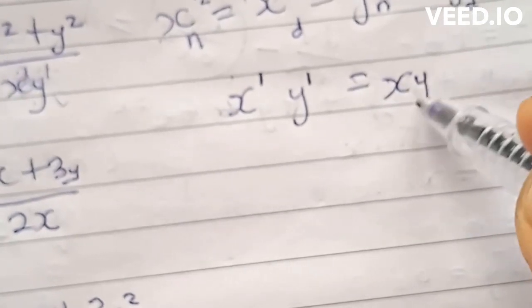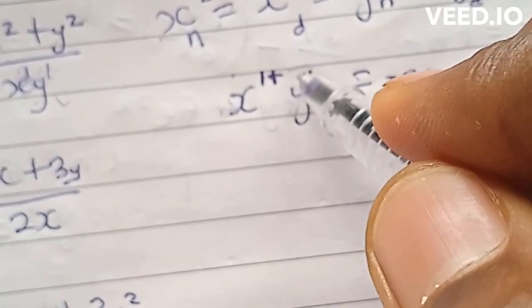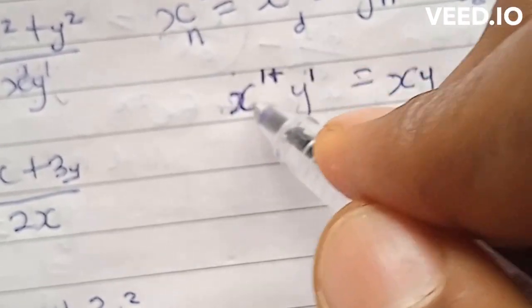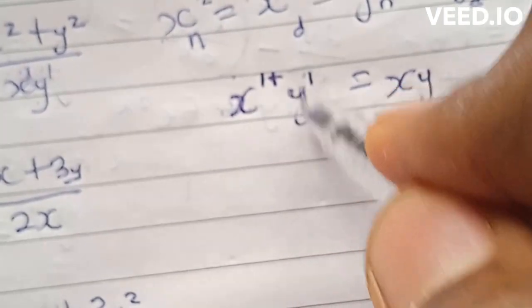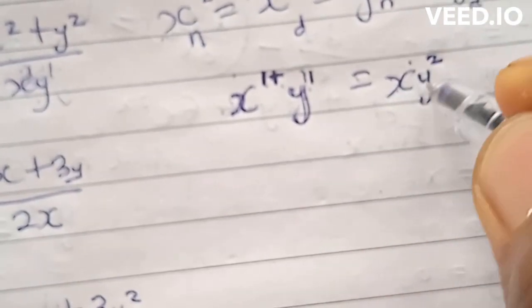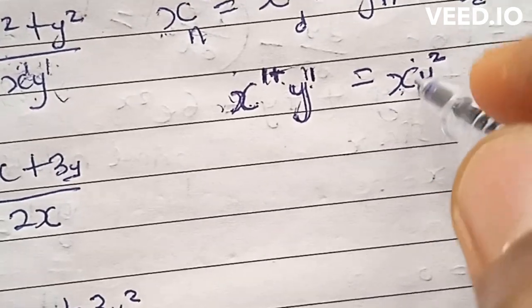Now they are married, so that's their power. You add their power with the law of indices. In the law of indices, whenever you see something like this, you add the power together. That is why 1 plus 1 will give you 2. Therefore, the power of x and y at the denominator is 2.